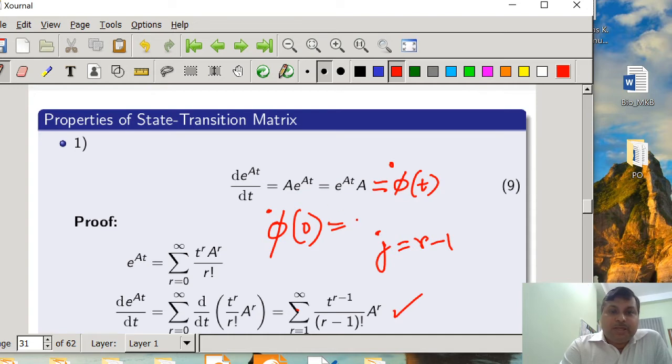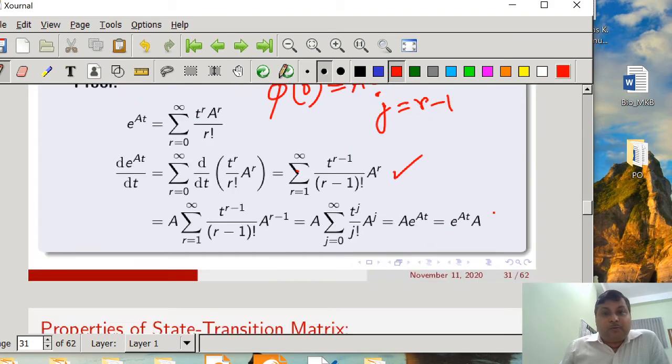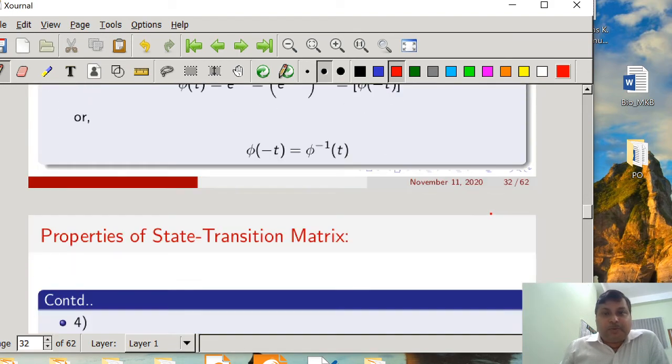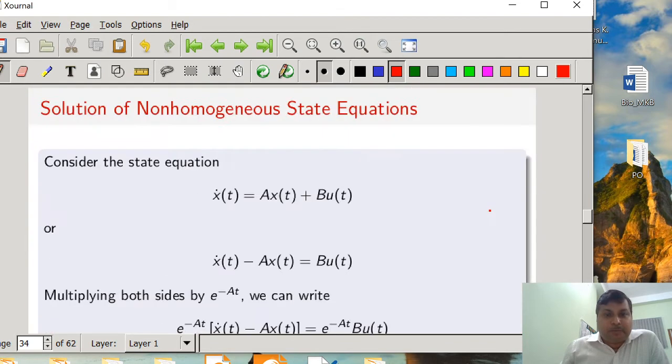It will be a into e to the power a of 0, and just now we computed that e to the power a of 0 is the identity matrix, so it will be basically the a matrix. So phi dot at t equal to 0 gives you the a matrix. This property will be useful very soon when we want to calculate e to the power at.